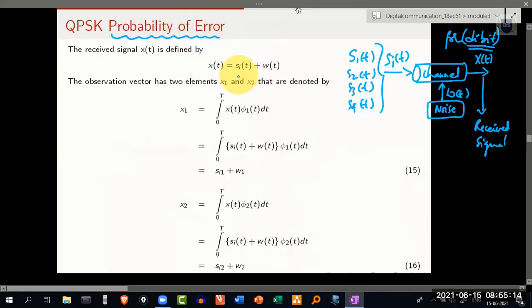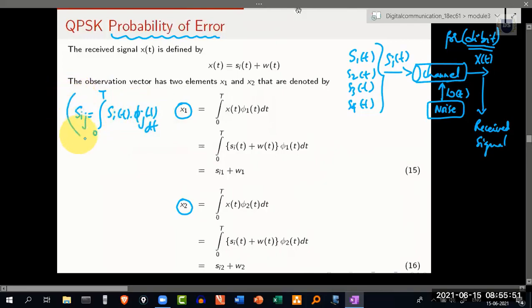Okay. So from this received signal X of t, we can extract the observed point x1 and observed point x2 by using this computation. We all know that we can extract coefficient values Sij by doing integration from 0 to T of Si of t into phi j of t dt.